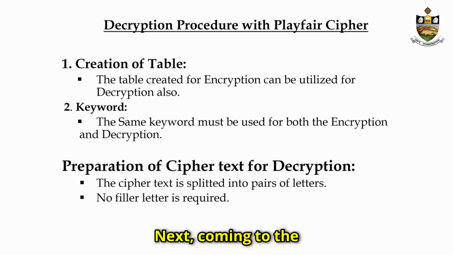Next, coming to the preparation of the ciphertext, there is no need for special preparation. Whatever ciphertext we have received after preparation of the plain text for encryption will definitely be even in number, as we have already added filler letters. The only thing we have to do is split the ciphertext into pairs of letters. Here no filler letter is required.